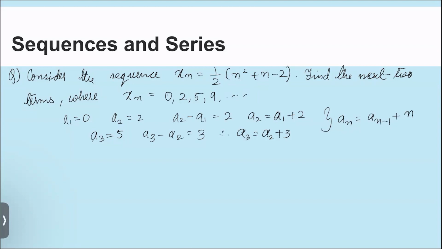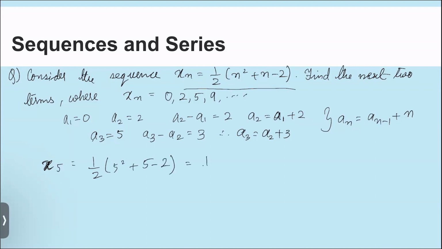But over here we are already given a different general expression for the sequence, so we will use that. We have got up to the fourth term, and we have been asked to find the next two terms. So the first term would be x5. That will be half of 5 squared plus 5 minus 2.